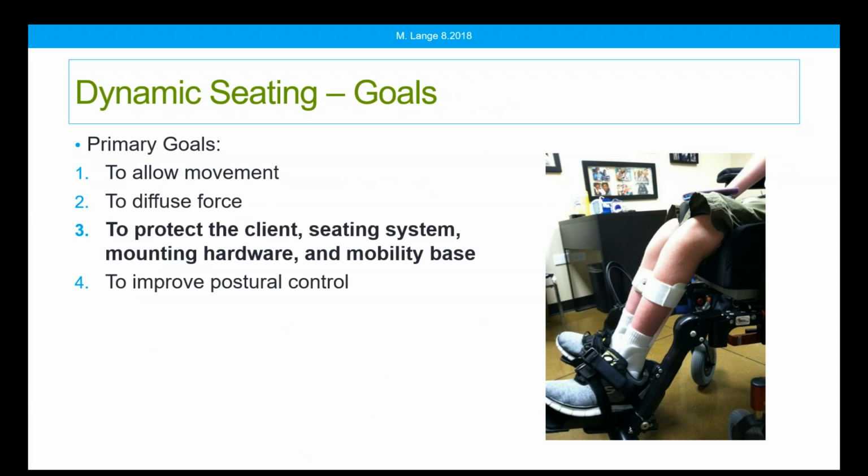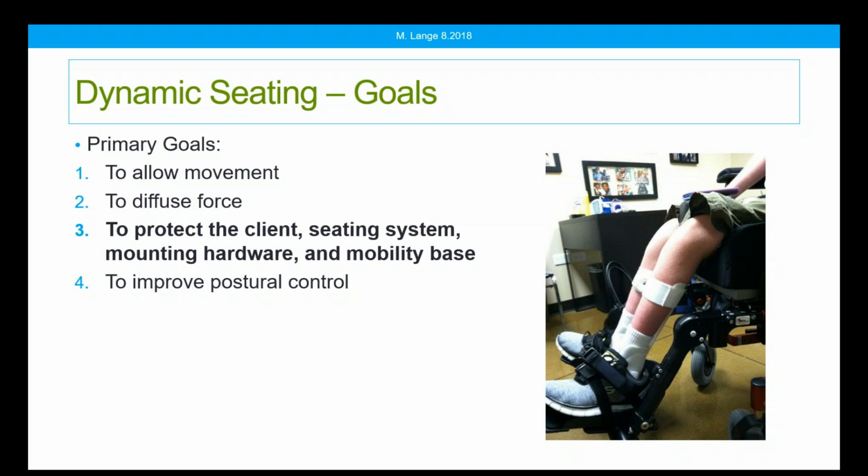Dynamic seating has a number of goals when we're using this technology with our clients. We're allowing movement for the client. That's a big one because our clients need to move. I need to move, and it's nice to have that opportunity within the seating system. We're diffusing forces. Let's say someone's using excessive force when they're in their seating system, whether it be sustained or intermittent forces, those are absorbed.